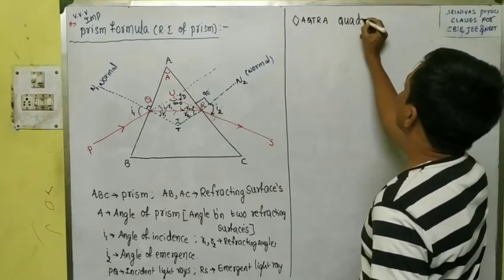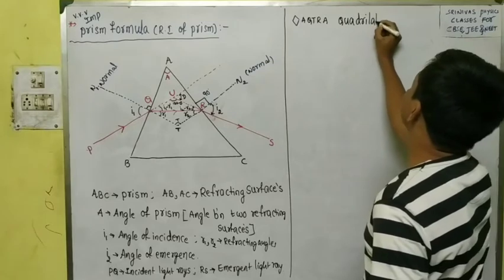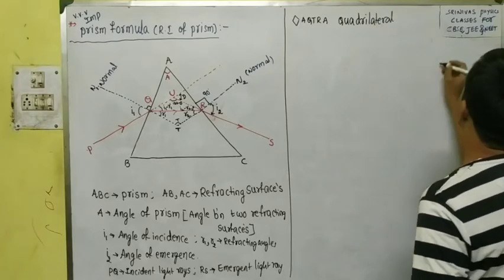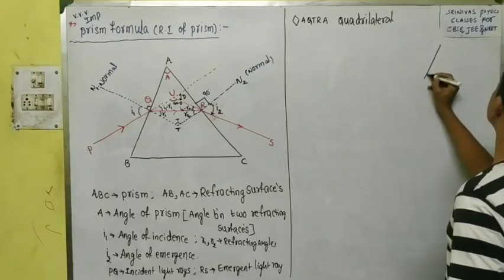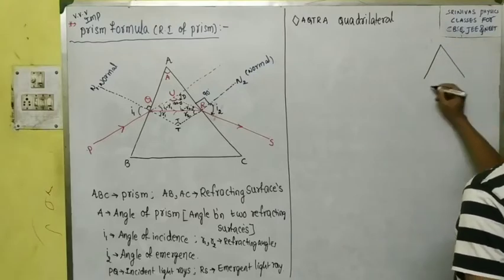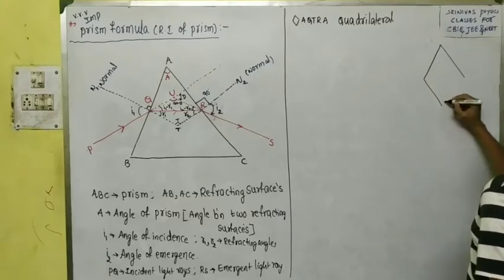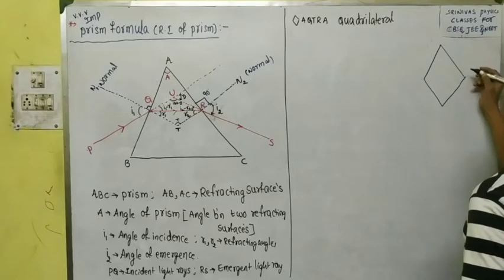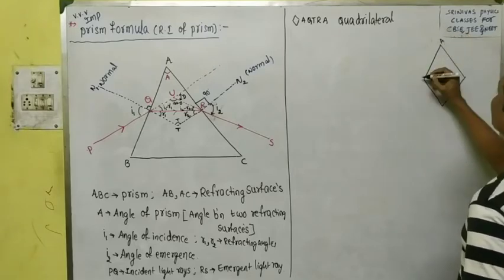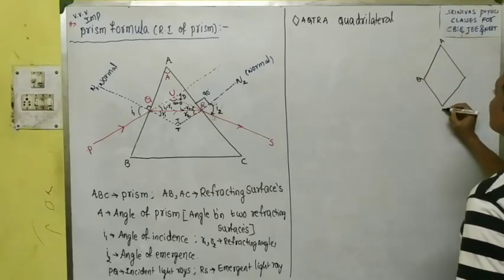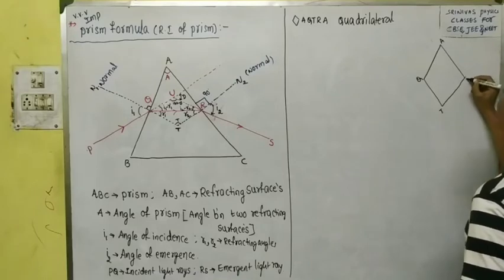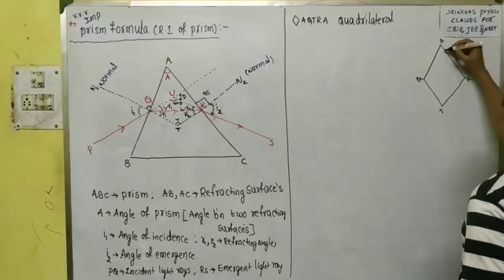What do you know in a quadrilateral? The sum of four angles is equal to 360 degrees. This we know. What is this? This is A. This is Q. This is T. And this is R.